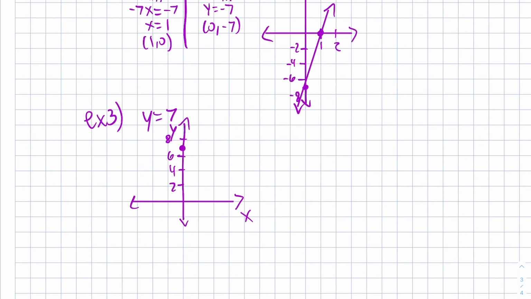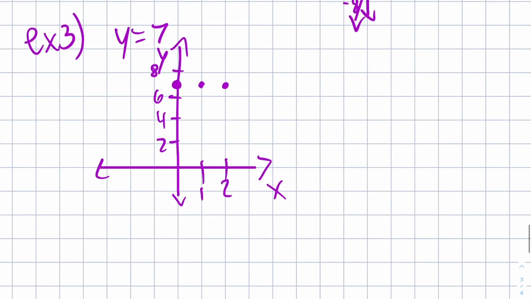And if y is always equal to 7, then no matter what number you put for x, whether you're at 1 for x or 2 for x, your y is always going to be the number 7. And so we have that flat line that has 0 slope.